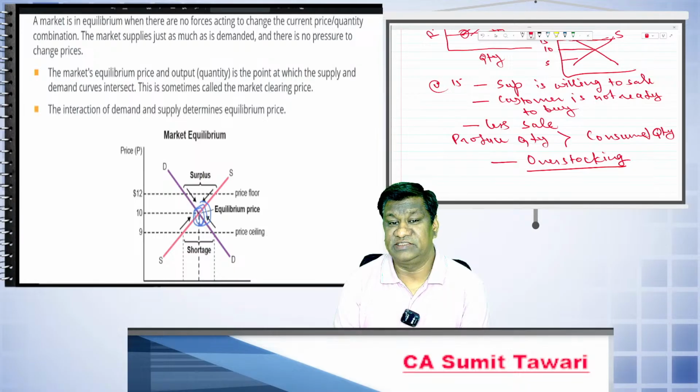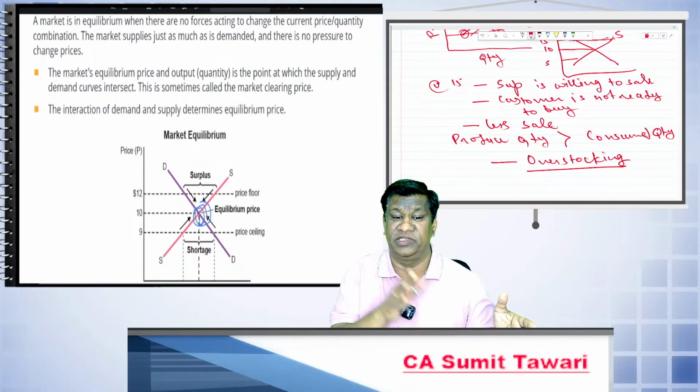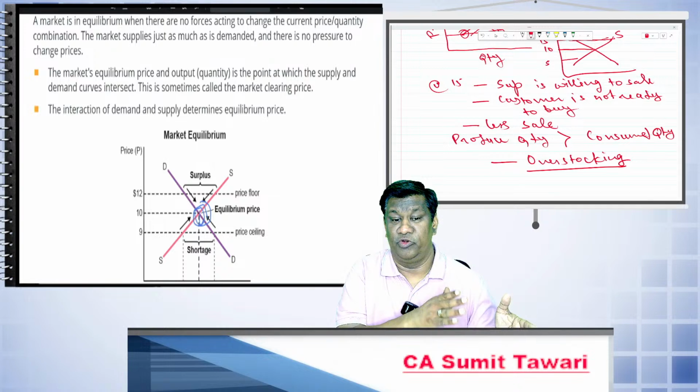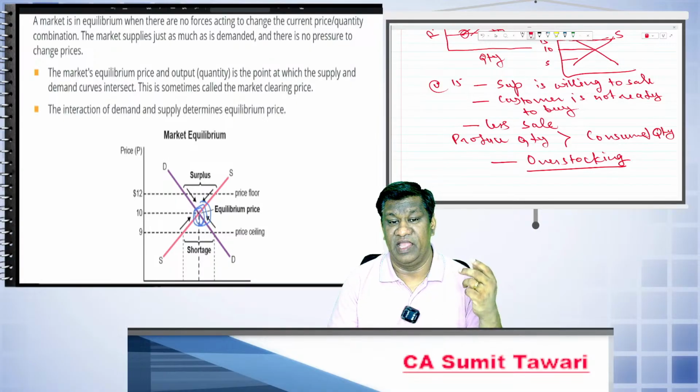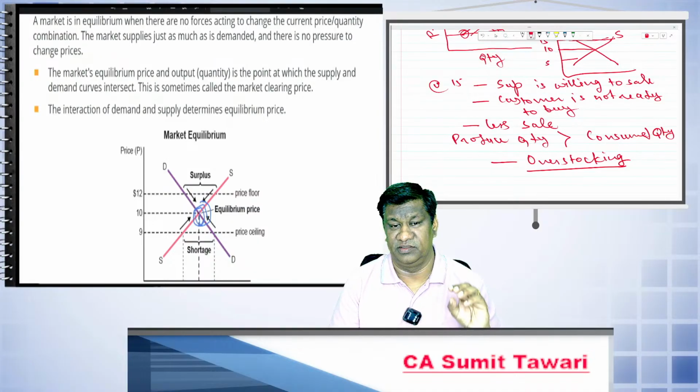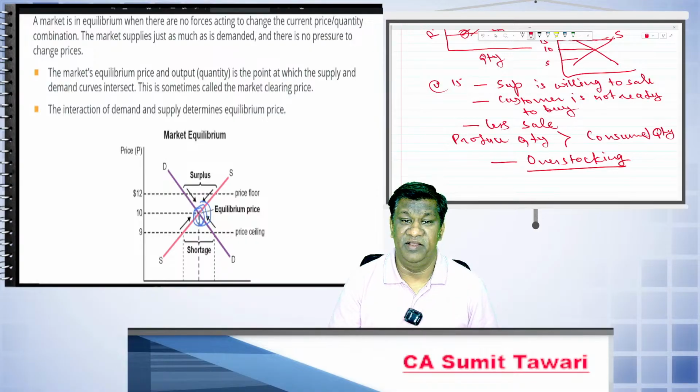In that situation they conclude that there is overstocking. The production is going on, but the distributors or dealers are not ready to place an order because they already have stock. That means the customer is not ready to accept the prices.